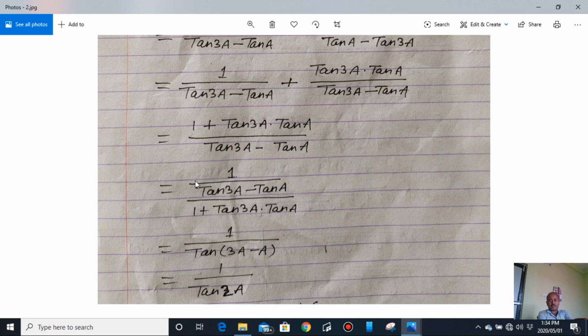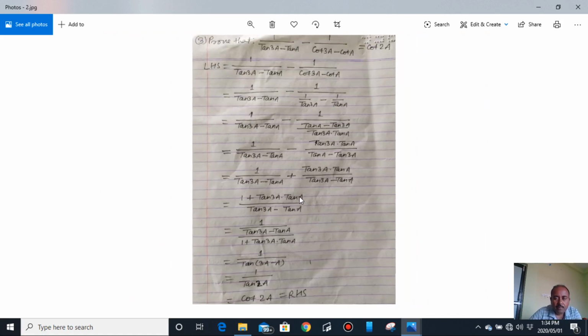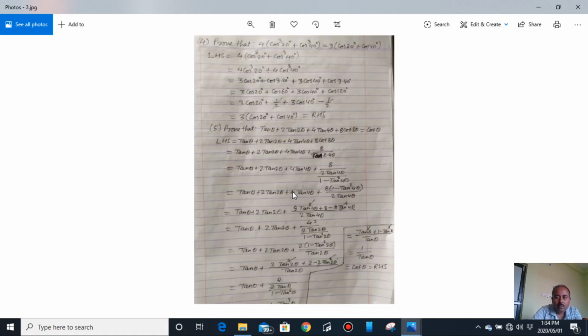Recall tan a minus b equal to tan a minus tan b by 1 plus tan a tan b. If we apply that formula, it will be tan 3a minus a. And you know tan 3a minus a is tan 2a. So 1 by tan 2a is finally cot 2a. So this is RHS. Here also, if you have a problem, repeat the video.